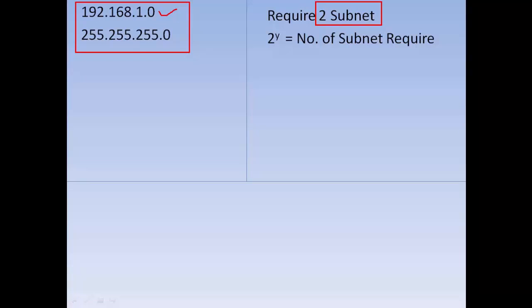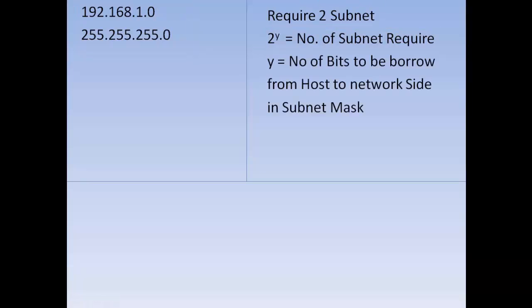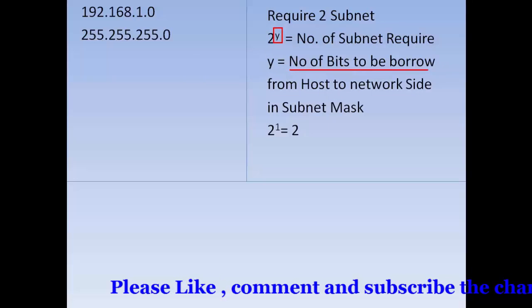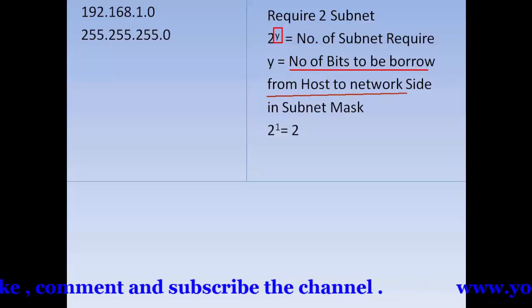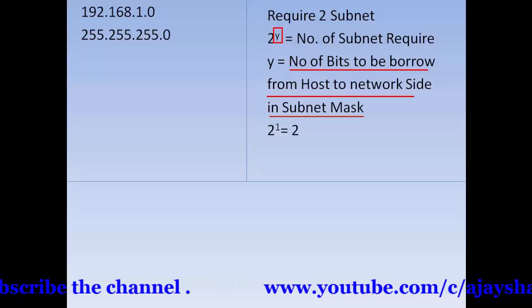To do this, we have to use the formula 2 raised to the power y, where the result is the number of subnets required. How many subnets do I require? So what is y basically? Y is the number of bits to be borrowed from the host side to the network side in a subnet mask.